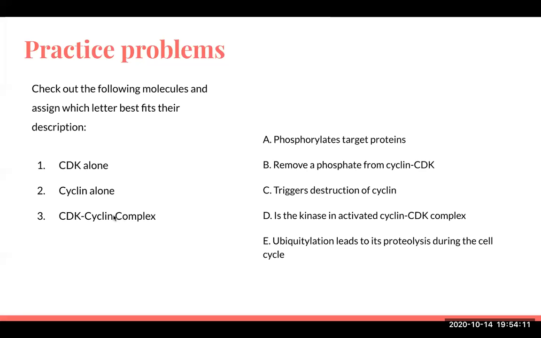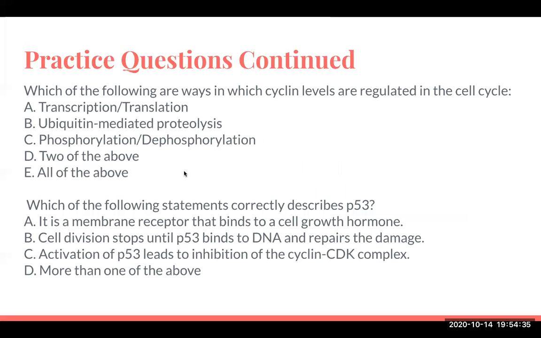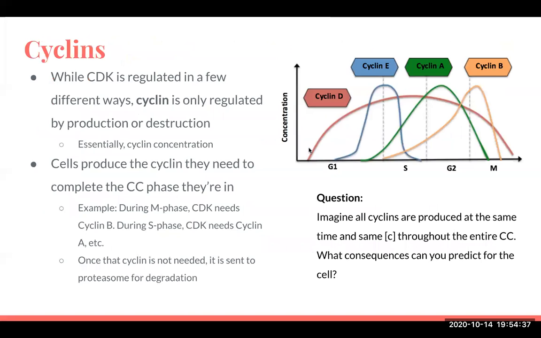Another acceptable answer, according to Laura, would be E, because remember, your CDK cyclin complex can only be responsible for phosphorylating or dephosphorylating proteins relevant to that particular cell cycle phase that it's in. So CDK bound to cyclin E is responsible for the G1 phase.